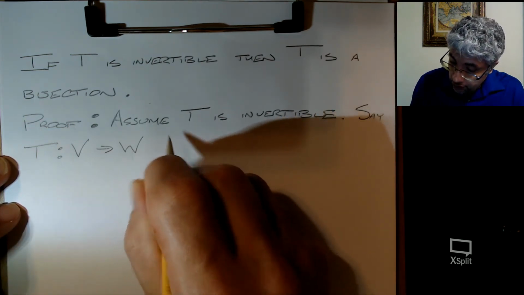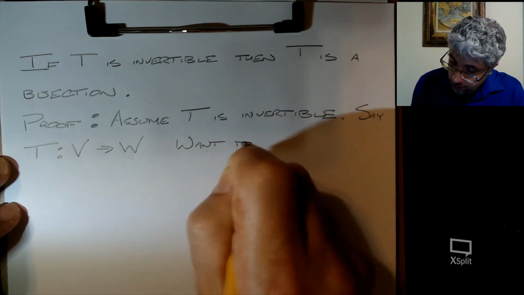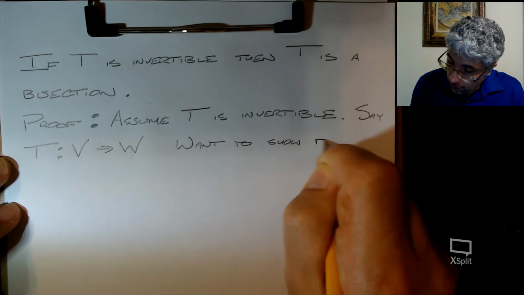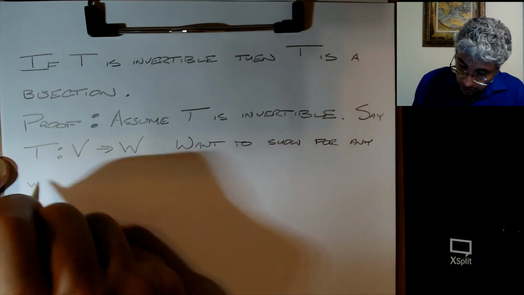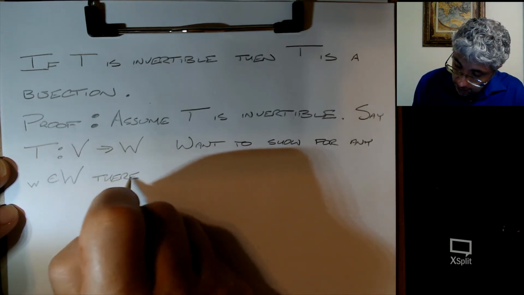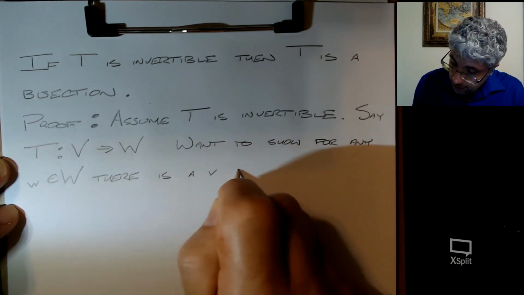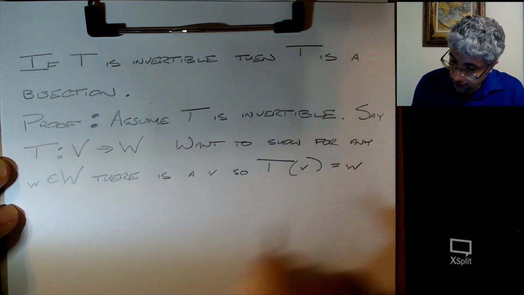So I'll write down what I want to show. I want to show for any little w in W, there is a v so that T of v is equal to w.